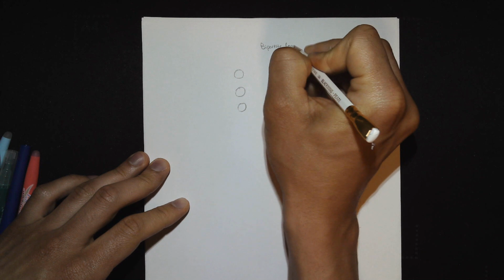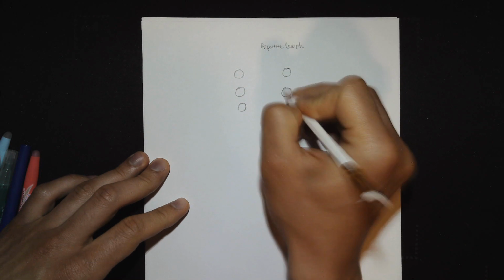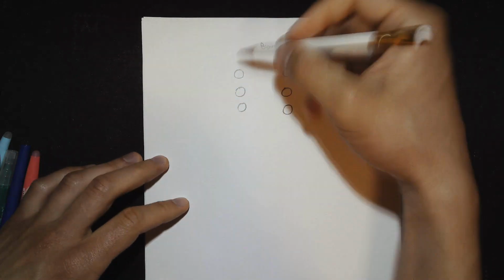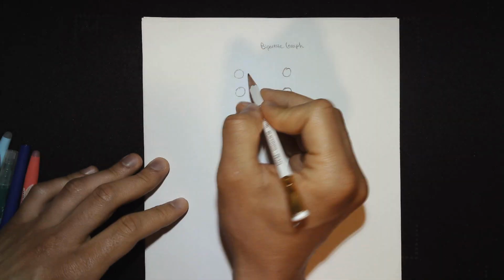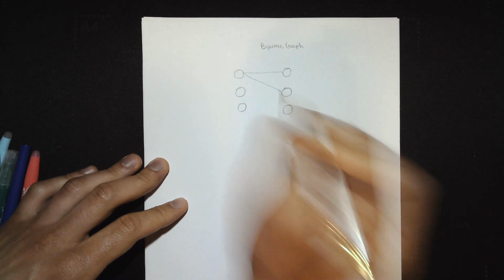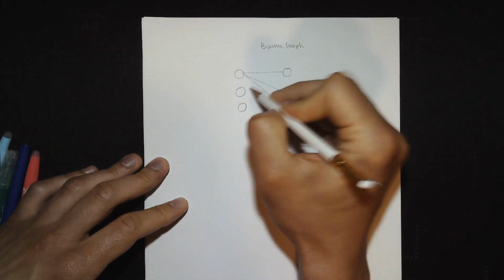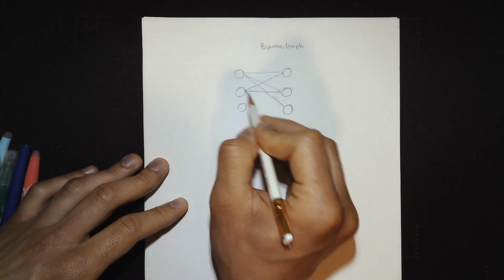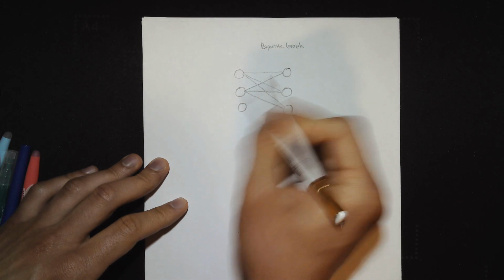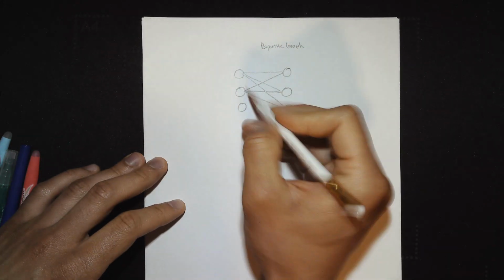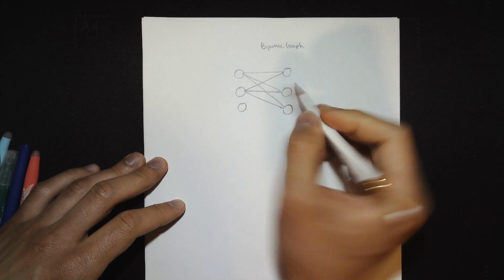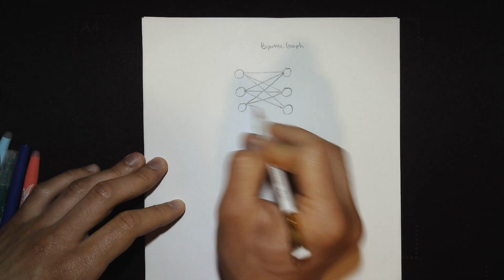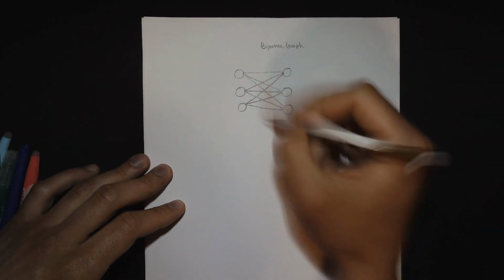What these look like are two rows of vertices, a left row and a right row, where the vertices in the left row are connected by an edge to every vertex in the right row and vice versa, but no vertices in the left row are connected to one another via an edge, and no vertices in the right row are connected to one another via an edge. So this is a bipartite graph with 6 vertices.